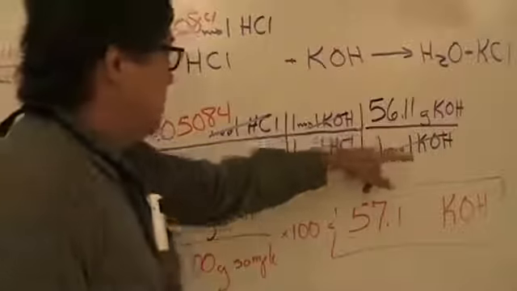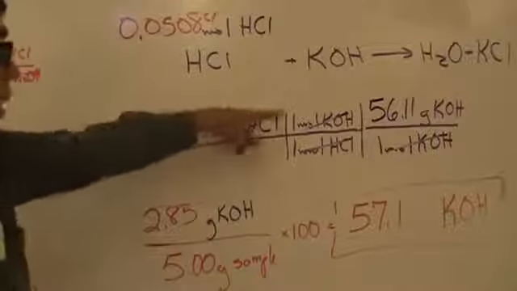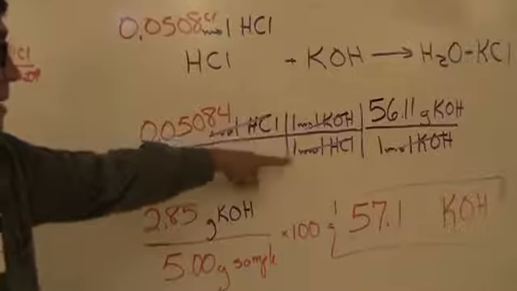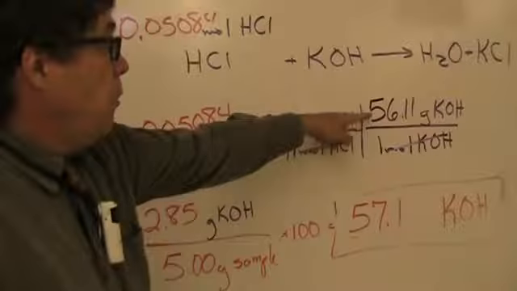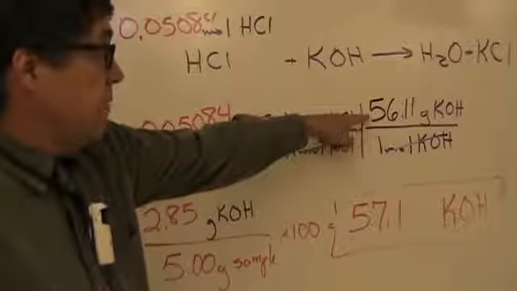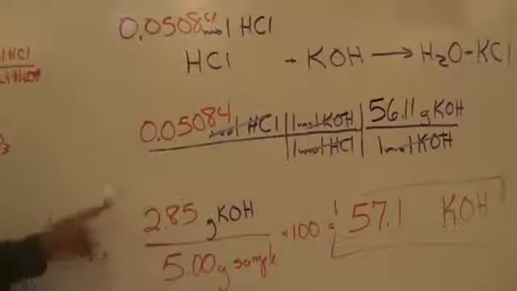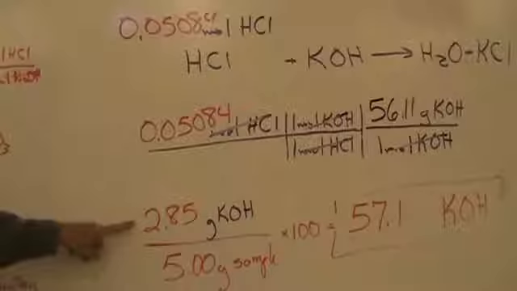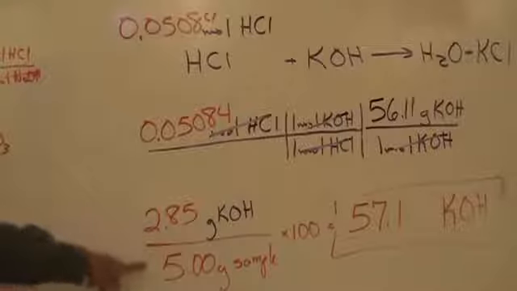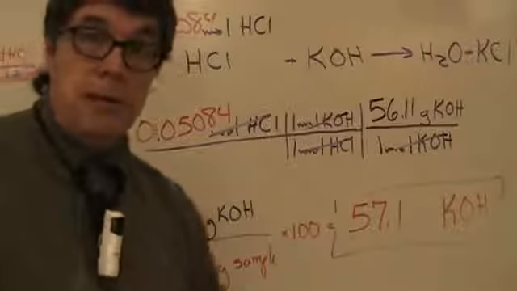Make sure that's showing up. So 1 mole of potassium hydroxide in the equation here for every mole of HCl. And the molar mass of potassium hydroxide is 56.11. So that comes out to 2.85 grams of potassium hydroxide, and that's 57.1%.